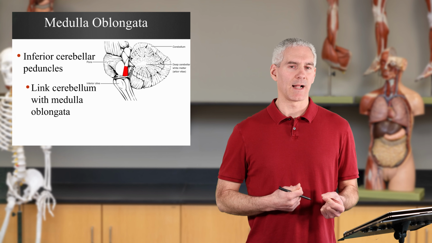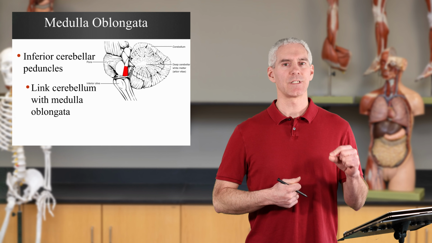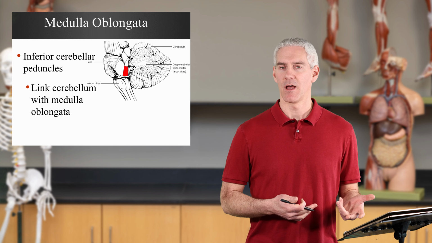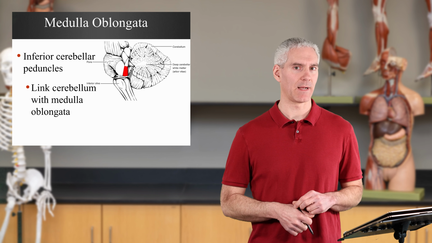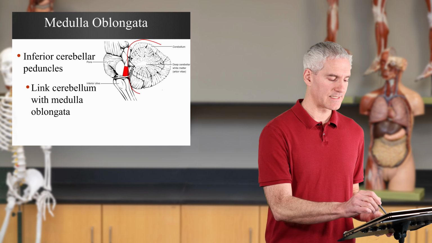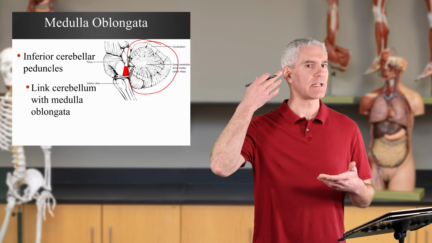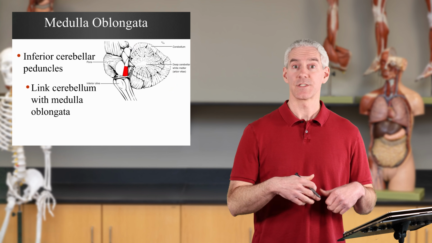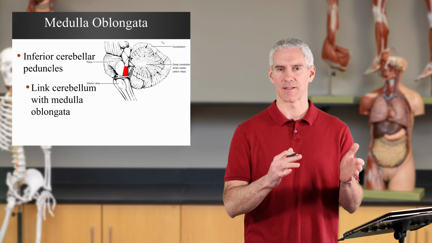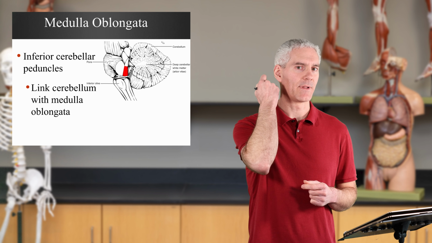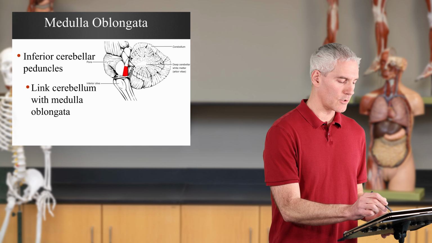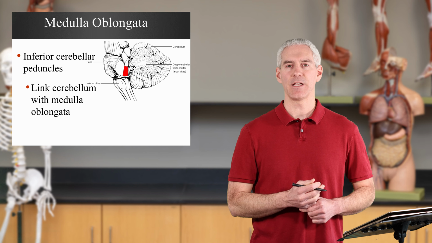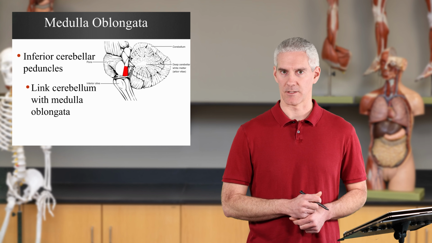Now, medulla oblongata is one of three regions of the brainstem. Each one of the three regions of the brainstem is going to have a connection point to the cerebellum. This is the cerebellum. It's the part that's sitting back behind the brain. The cerebrum is what's up top. Can't get the two separate. So cerebellum in the back. This area right here that's kind of colored in red, that is the inferior cerebellar peduncle.